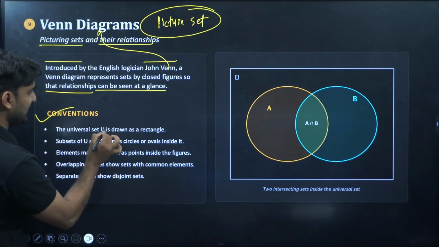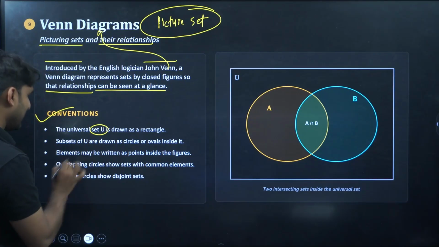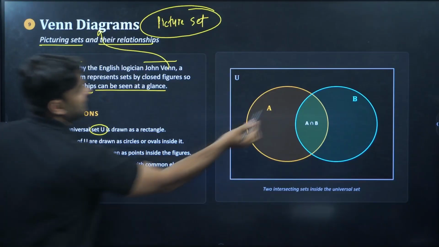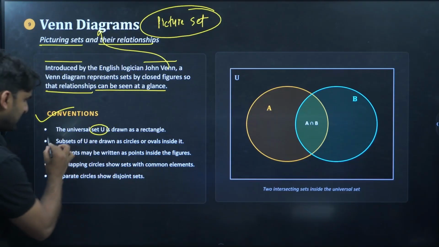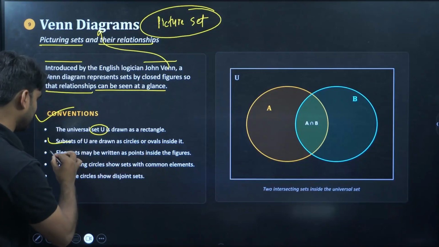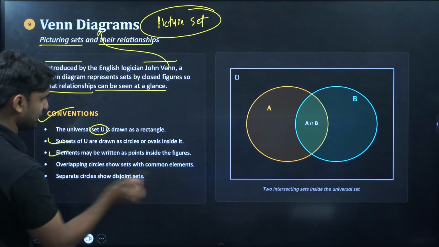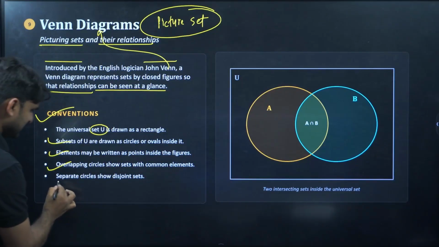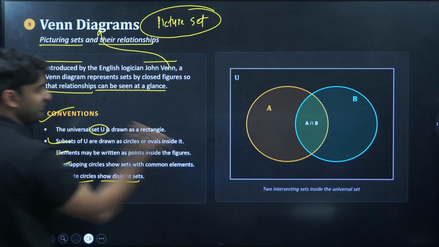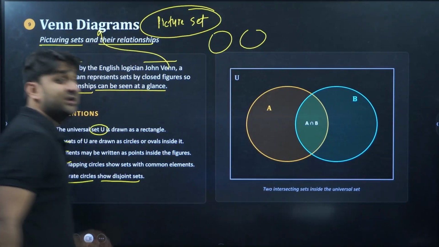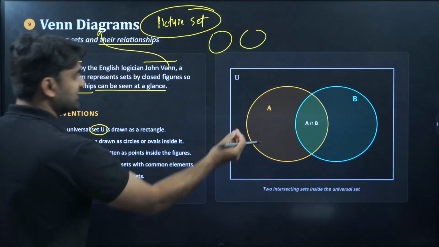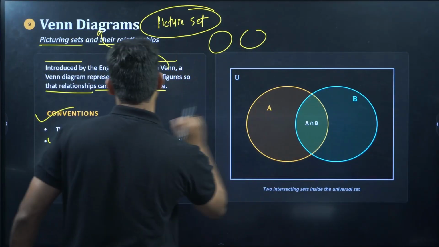The universal set is represented by capital U, and subsets of U are drawn as circles. Elements may be written as points inside the figure. Overlapping circles show sets with common elements, and separate circles show disjoint sets. If the circles are separate, this is called disjoint. If the circles are combined, they are called combined sets, where both sets are sharing something.